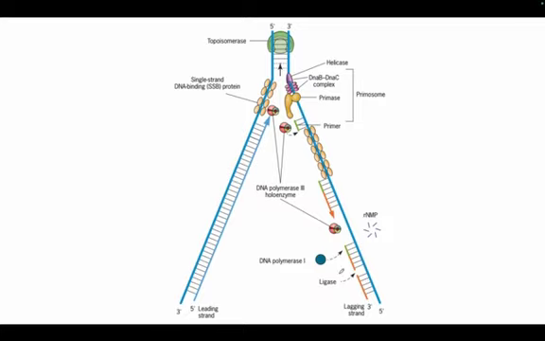So you can see that in order to replicate DNA, essentially we have to go through a number of steps. First, we need to separate the strands. We have this double-stranded template. We need to separate the strands. Then we need to add a primer.